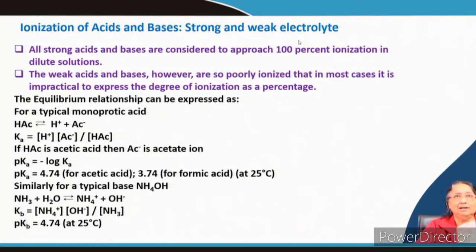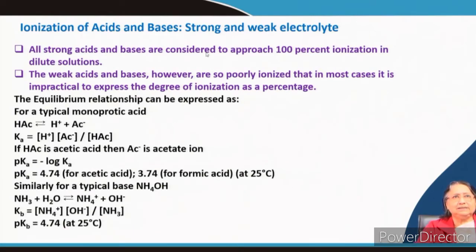And depending on the degree of dissociation, the acidity will come differently in the solution. All strong acids and bases are considered to approach 100% ionization in dilute solution. So, strong acids will be 100% dissociated. For example, if you put some HCl in water, then HCl will be completely dissociated.